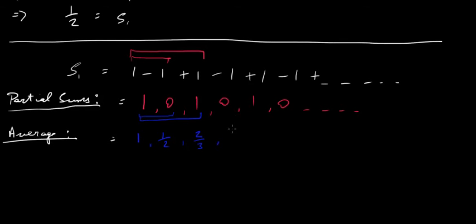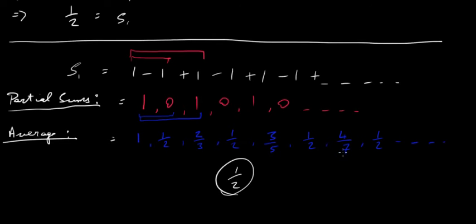The first 4 is going to give me 1/2 again, and then I get 3/5, then I get 1/2 again, then I get 4/7, and I get 1/2 again, and so on and so on. So this is the average of our partial sums. Now this actually converges. It converges to 1/2. So the limit here is just going to be 1/2. So that's where I get 1/2 from again here. So you can see I start with 1, then I get a half.